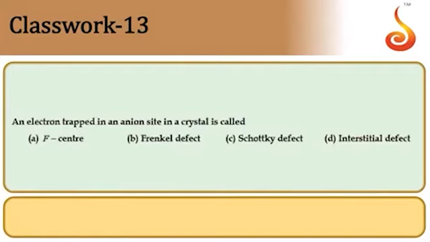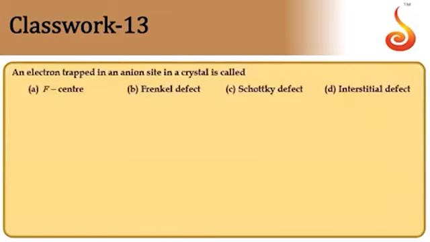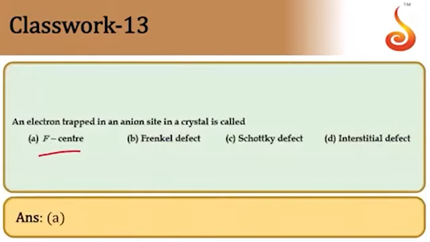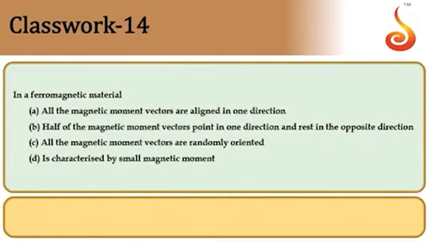Then an electron trapped in an anion site in the crystal is called an F center, and they are responsible for color. So the answer is F center, option A. Then in a ferromagnetic material, all magnetic moment vectors are aligned in one direction. This is a property of ferromagnetic material.